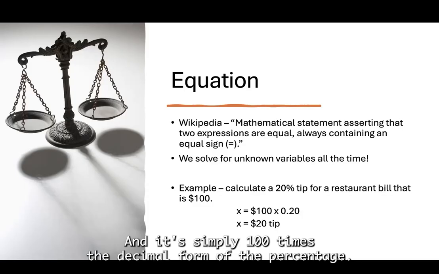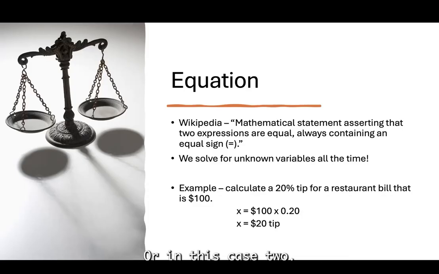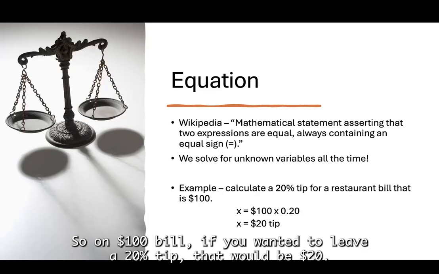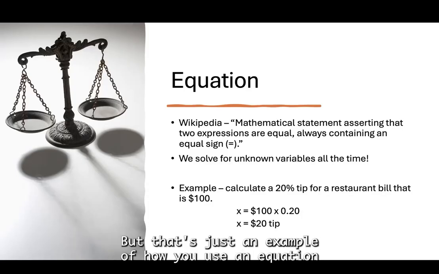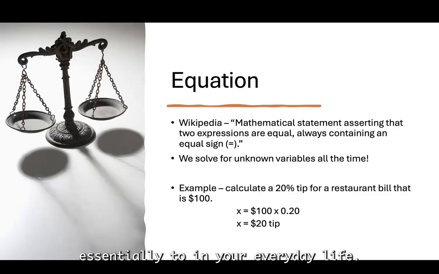And it's simply 100 times the decimal form of the percentage, or in this case, 0.2. That answer would be $20. So on a $100 bill, if you wanted to leave a 20% tip, that would be $20. But that's just an example of how you use an equation, essentially, in your everyday life.